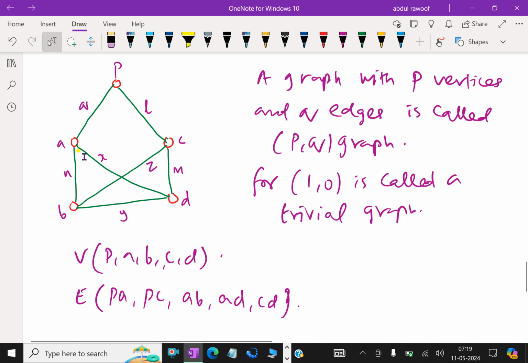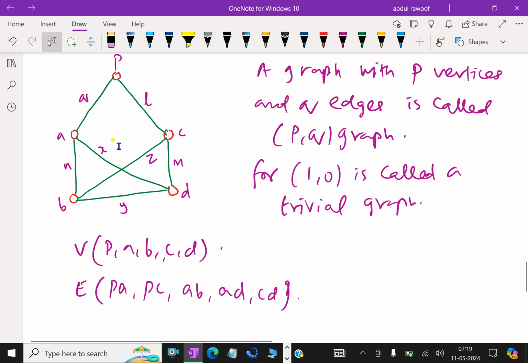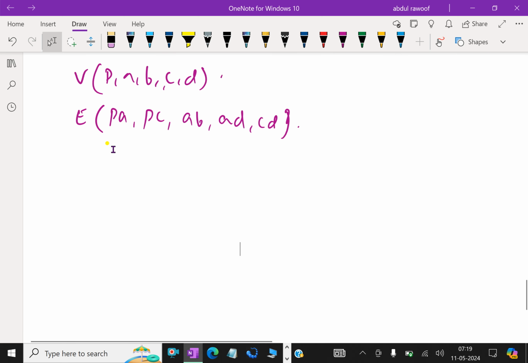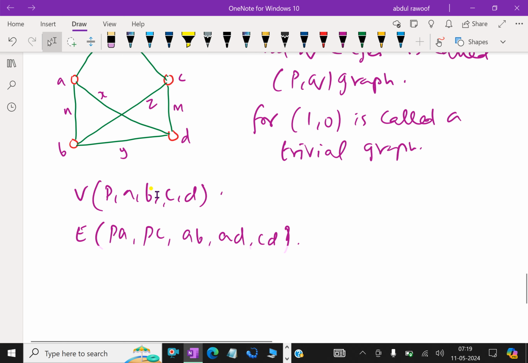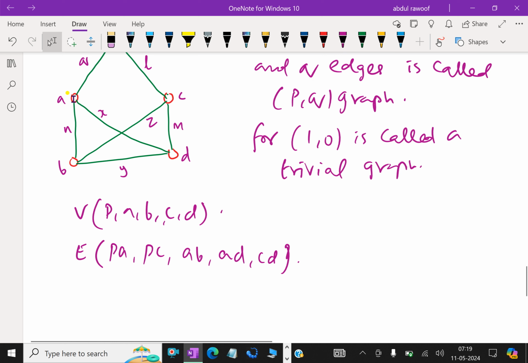Although the edges here, X is an edge, Z is an edge, Y is an edge, M is an edge, N is an edge. Now even if edges X and Z are intersecting in the diagram, their intersection is not a vertex of the graph.